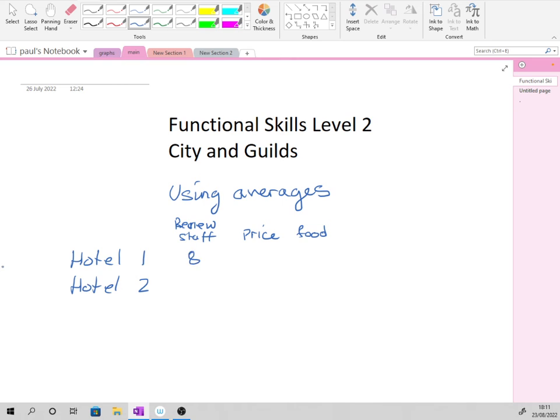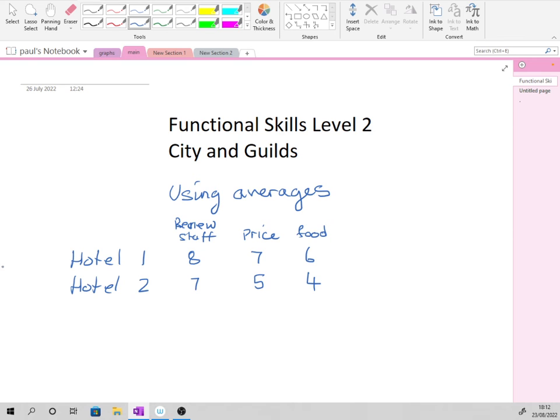So we get 8 out of 10, 7 out of 10, and 6 out of 10. And Hotel 2 is 7, 5, and 4. So you're going to look at these numbers and decide by using averages which is the best.